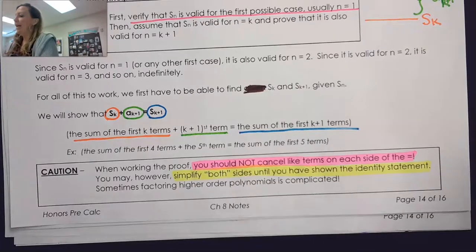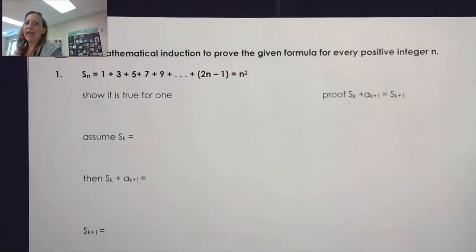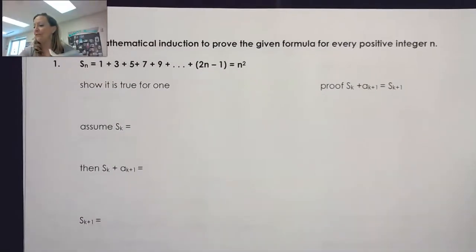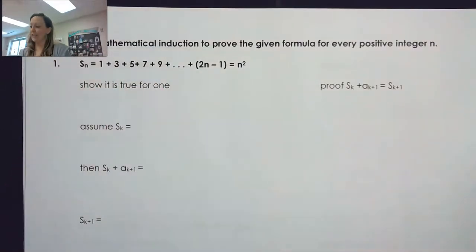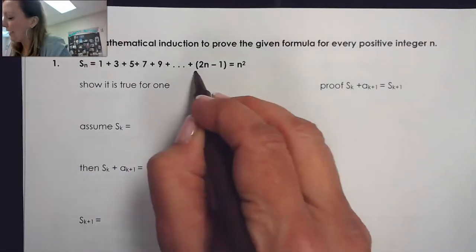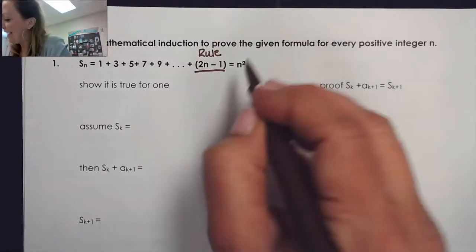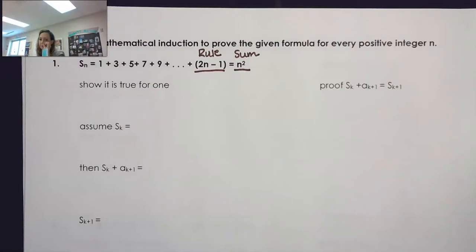Right? In our first example, I'll write kind of like what we're doing on the left, and then we'll actually do the process. So if I have here S sub n equals what we just talked about, 1 plus 3 plus 5, etc. And here we said that this 2n minus 1 was our rule, and that n squared would be what we do for the sum.